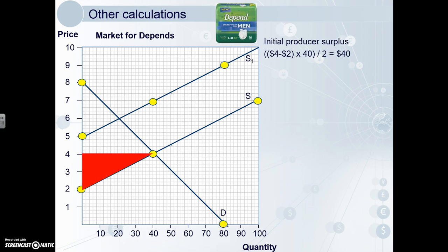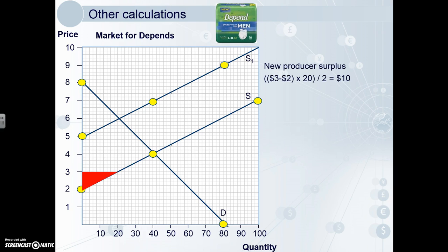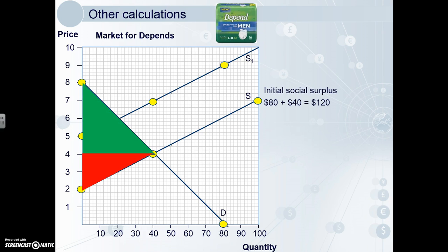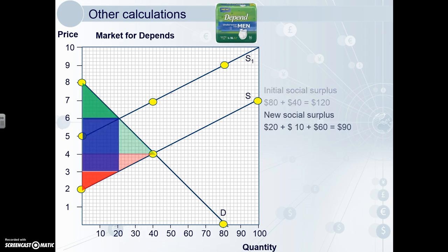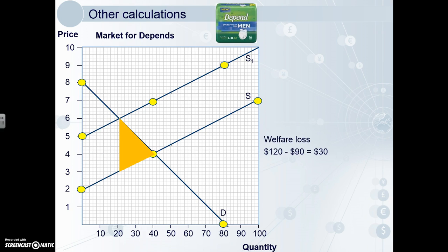We've got the initial producer surplus, the new producer surplus, which will be much smaller, the initial social surplus, so all surplus of the consumers, producers and government before the tax, the new social surplus, the surplus of all the stakeholders after the tax, and the welfare loss. This is welfare that was previously held by society, but due to the tax is not held by anyone, even the government.